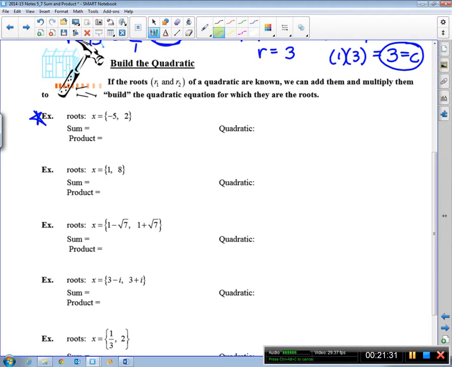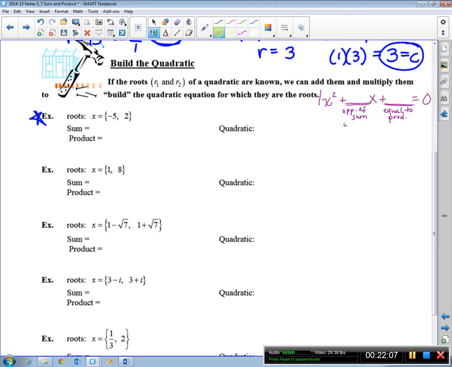So I know when I write a quadratic, that in front of x, as long as a is 1, in front of x is the opposite of the sum. And my constant term at the end of my quadratic is equal to the product.